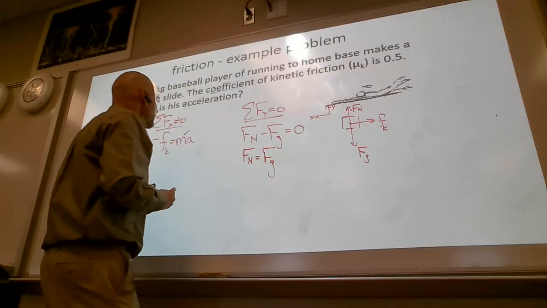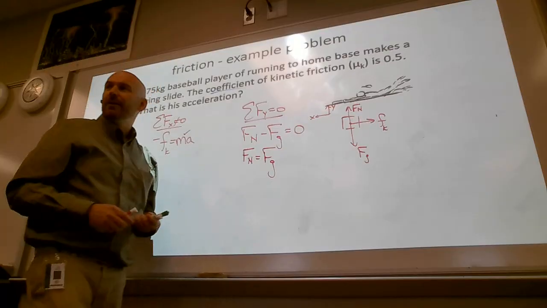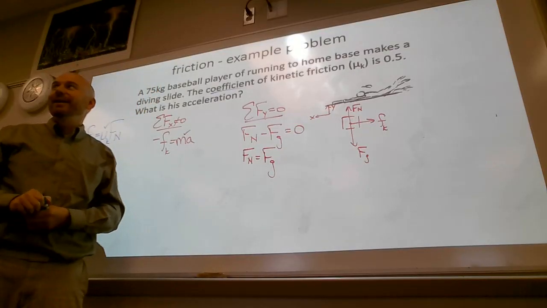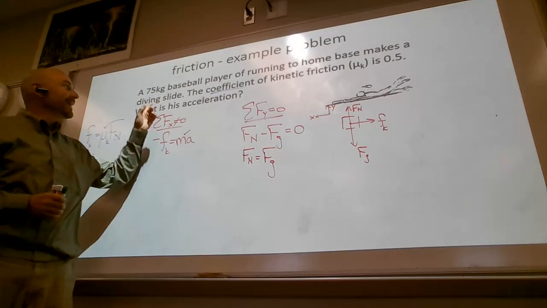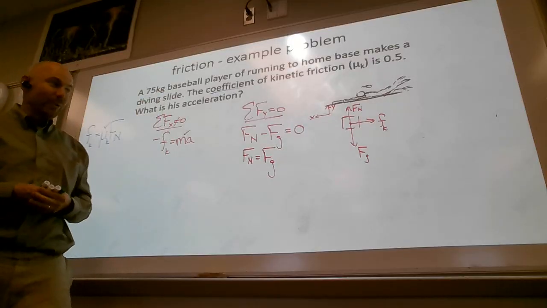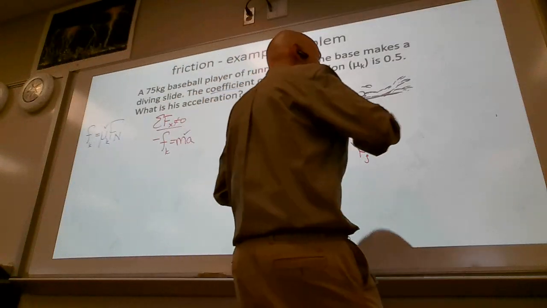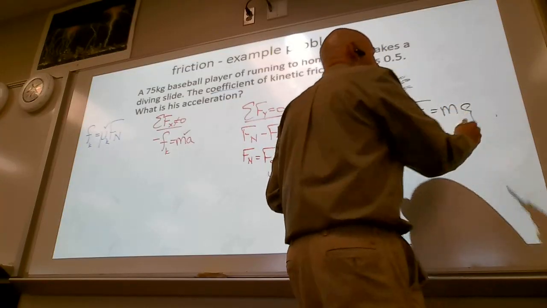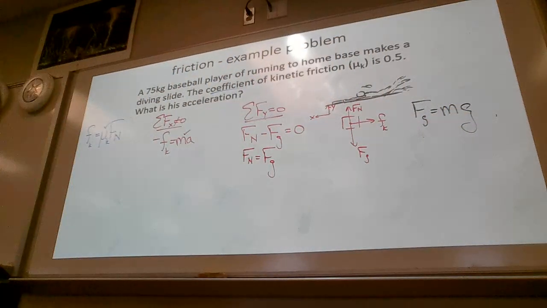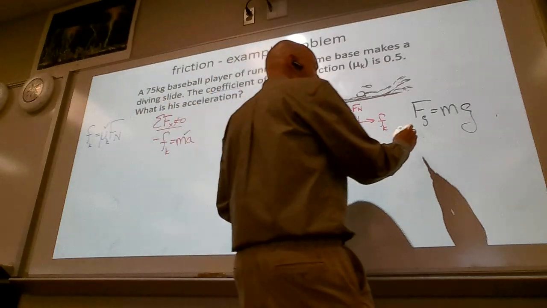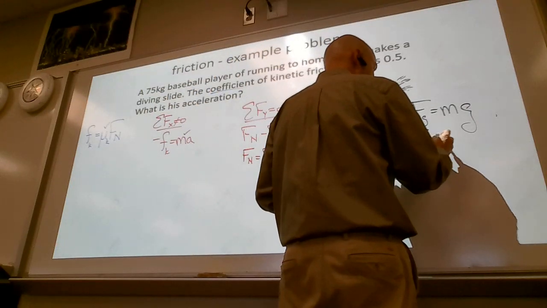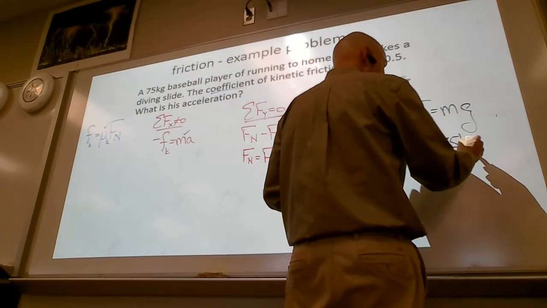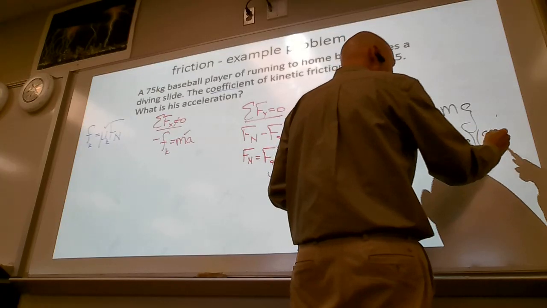Do we know force of gravity? 75. Normal force, force of gravity, you need to use this equation to convert your kilograms to newtons to get a force. 75 times 9.8.